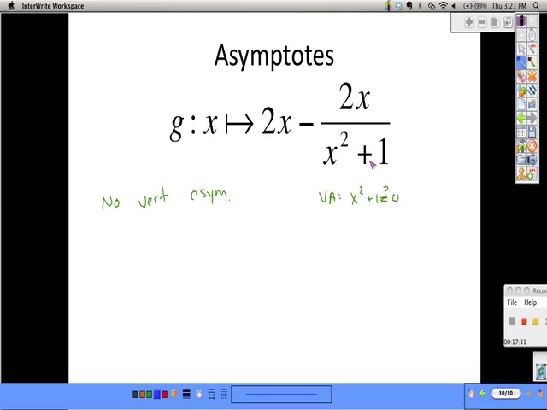Now, to find out if there is a horizontal or an oblique asymptote, I can look at this and tell you right now that it's going to have an oblique asymptote, because the limit as x goes to infinity of g of x is equal to 2x. So the oblique asymptote is y equals 2x.